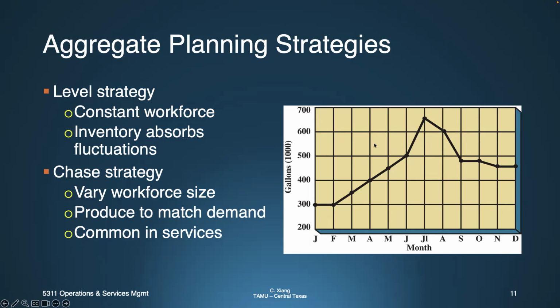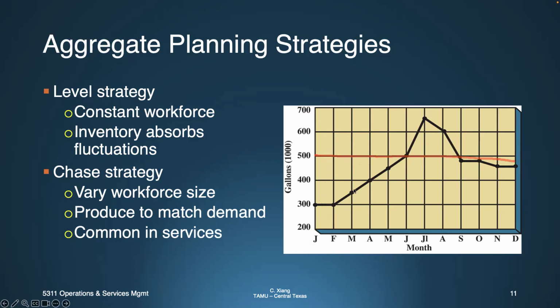Let's say the average monthly demand is 500, to make it simple. You have ups and downs throughout the year, but you just hire and prepare a workforce which exactly meets this 500, producing at a stable speed.